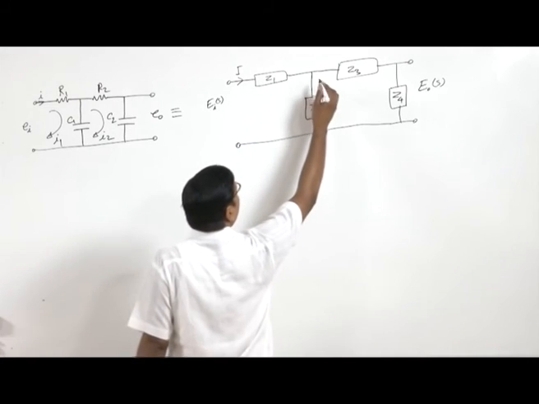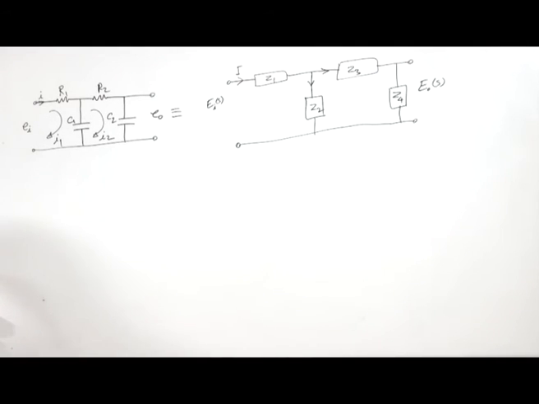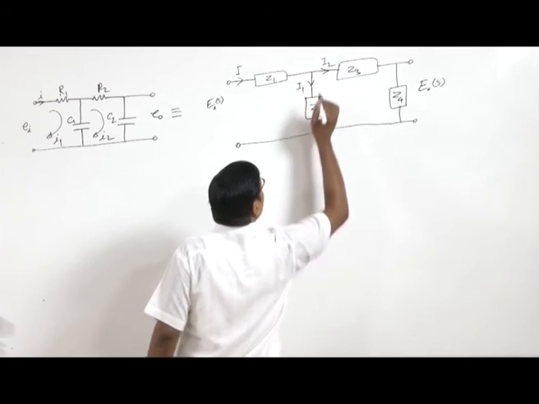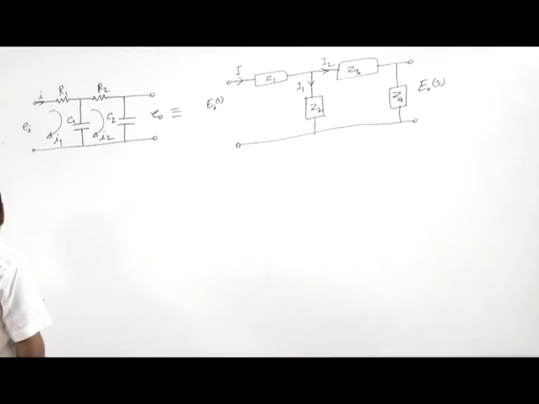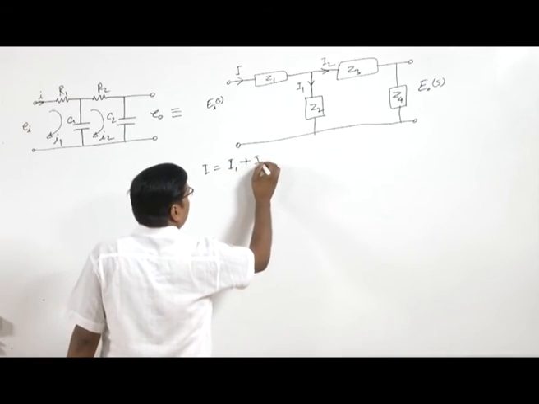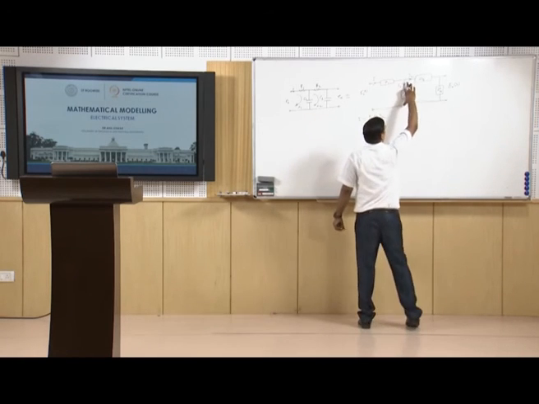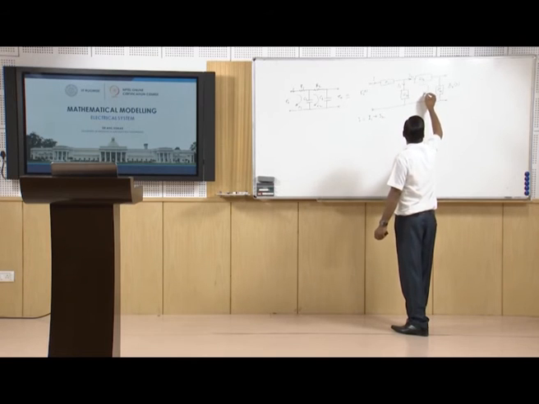Now if we have current I, this current will be divided at this node. Let's say this is I1 and this is I2. So here we have the node law, that is I equal to I1 plus I2. We can apply the node law. And then for this voltage, we go around this loop.